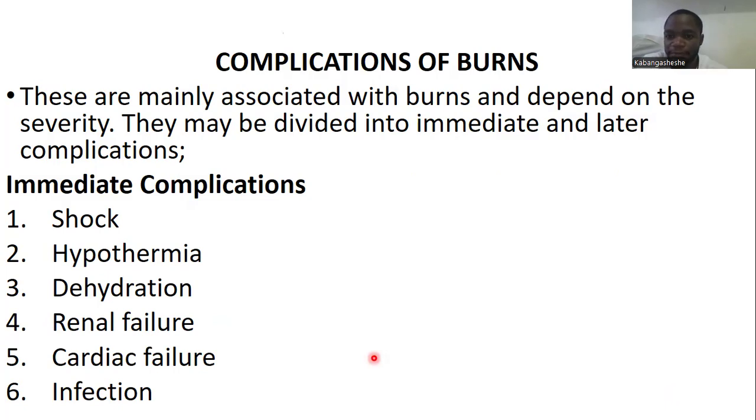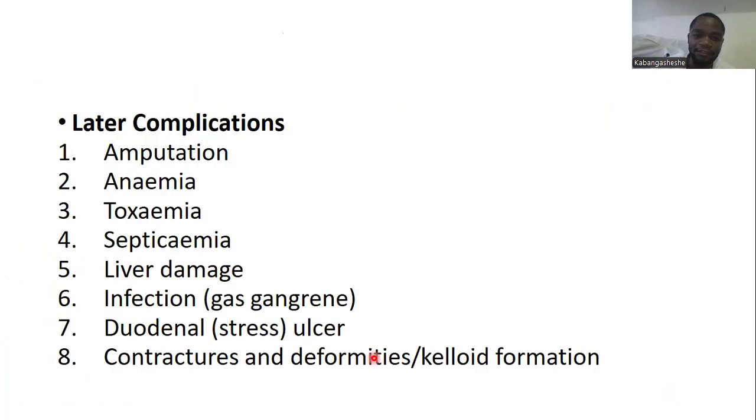Infection, very common. Skin is exposed. Various microorganisms found sometimes in our hospital setup, sometimes in the community, and wounds become infected. Toxemia, septicemia comes in, patient may die. Later on, amputation. So depending on the extent of damage, patient may have an amputated limb, either upper or lower limb.